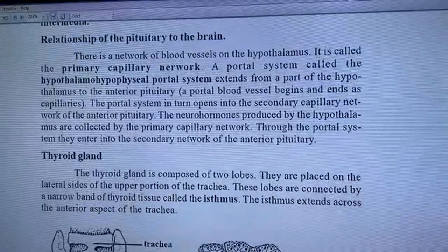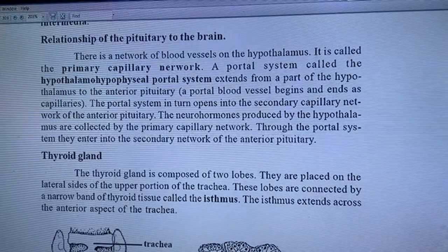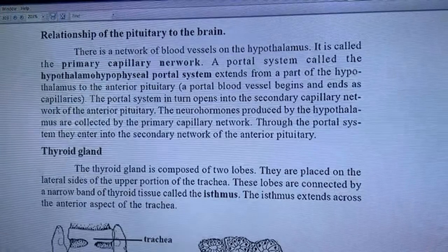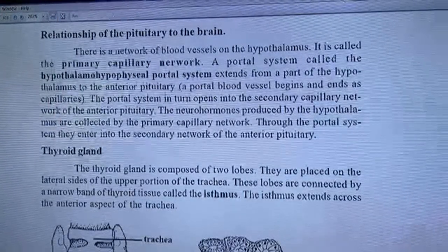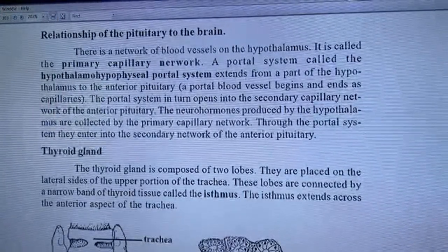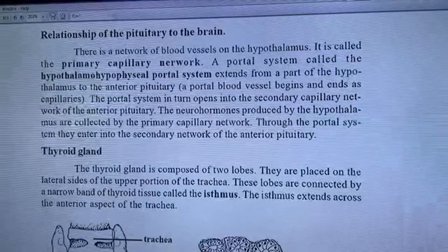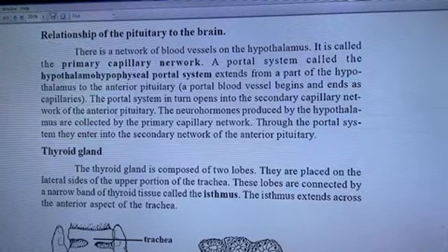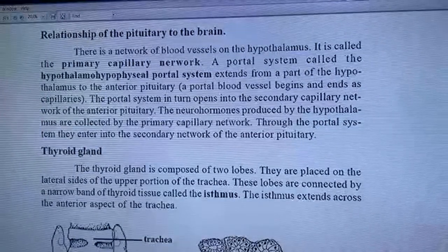Relationship of pituitary to the brain. This is the main important point. There is a network of blood vessels on the hypothalamus. It is called the primary capillary network. A portal system called the hypothalamo-hypophyseal portal system extends from a part of the hypothalamus to the anterior pituitary.